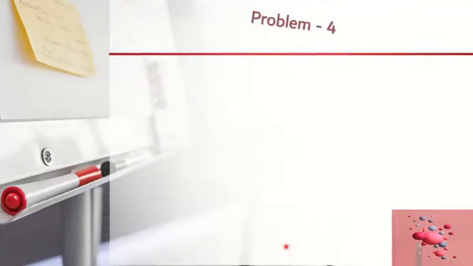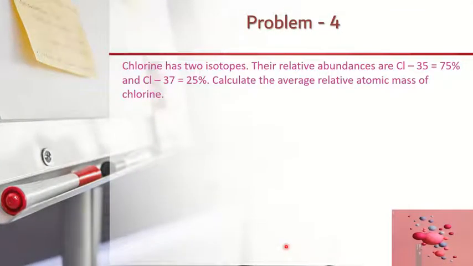Now we will calculate the relative atomic mass of chlorine, where their abundances are 75% and 25%. Chlorine 35 and chlorine 37. Now you will understand how the atomic mass of chlorine is 35.5, but their mass numbers are 35 and 37.